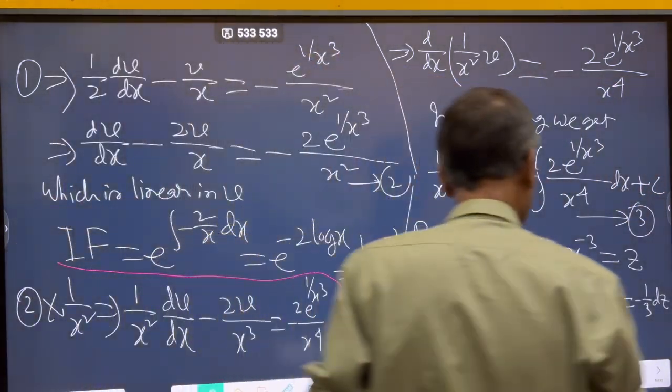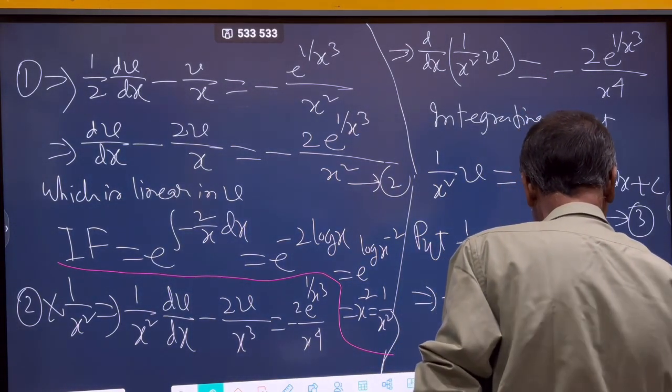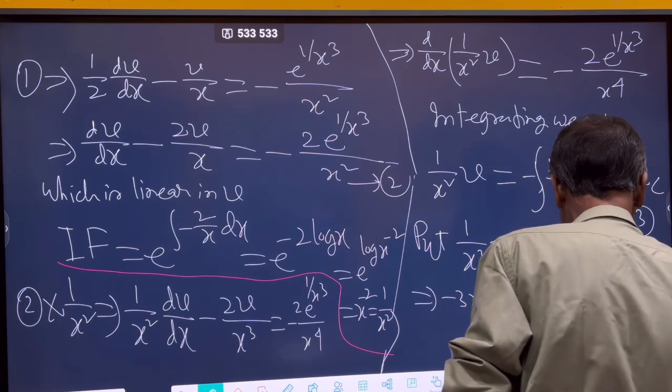This means 1 by x to the power 4 dx equal to minus 1 by 3 dz.